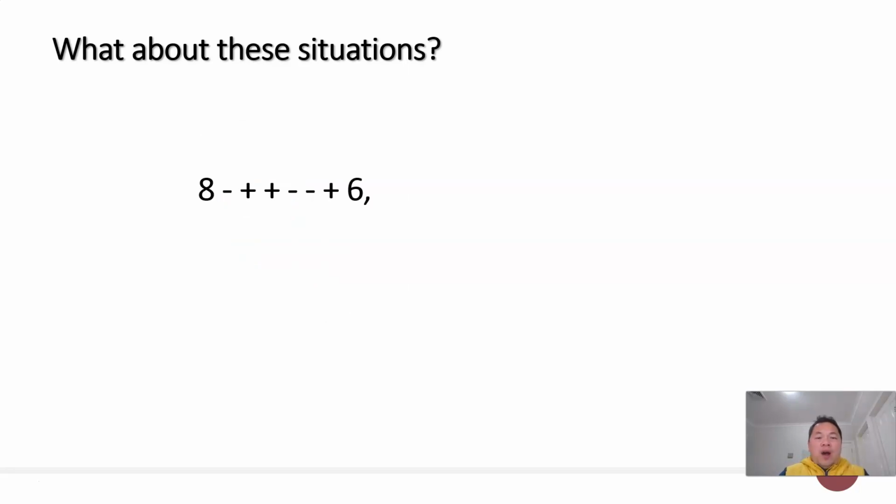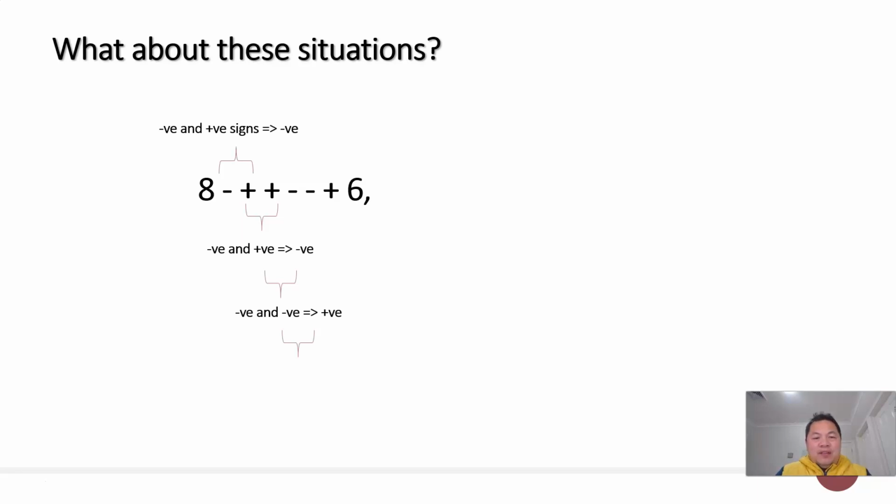What about this situation? Wow, one big chunk of signs, but don't worry, let's break it down step by step. First two signs are minus and plus. Minus and plus is negative, isn't it? Negative sign plus positive sign is negative. So negative and positive is negative still. Now negative and negative is positive.